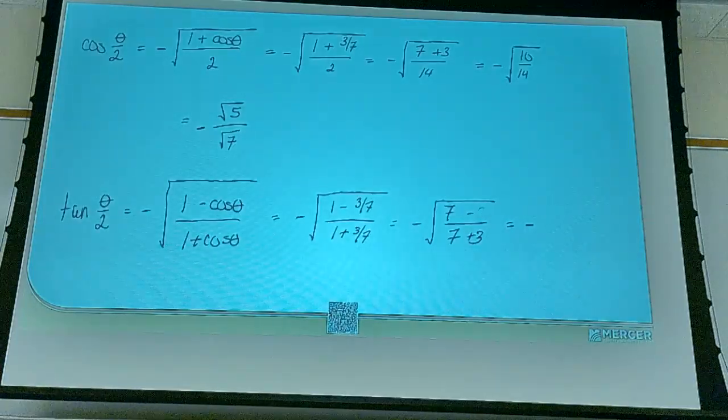Negative square root of 4/10. Negative 2 over root 10 is tangent.